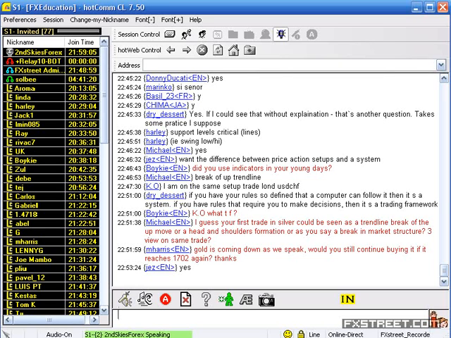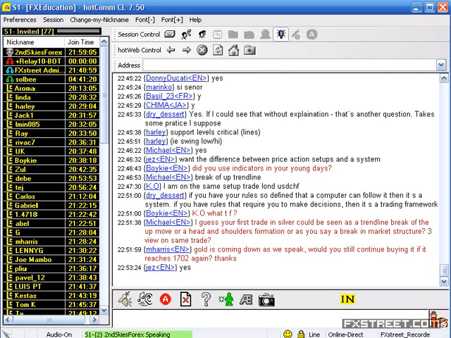Dry Dessert says, if you have your rules so defined that a computer can follow it, then it's a system. If you have rules that require you to make decisions, then it's a trading framework. I'm going to disagree with that, Dry Dessert, because computers don't necessarily define systems.